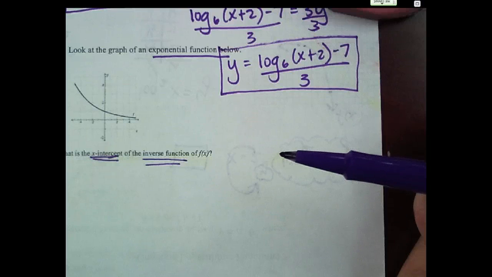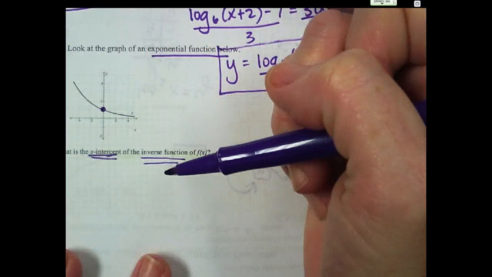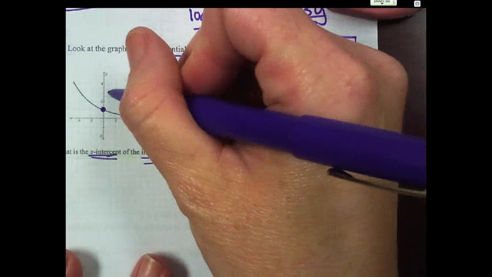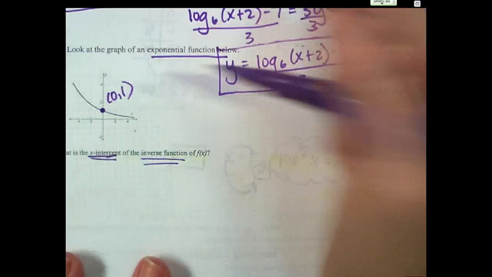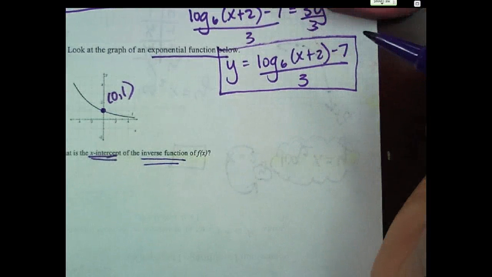If you look at the y-intercept, which would be here, what's the name of the y-intercept? Y equals 1. It would be 0, 1, right? Agree? That's the y-intercept. Well, the x-intercept is when y is 0. You know what an x-intercept means?